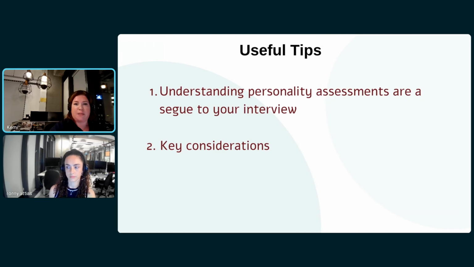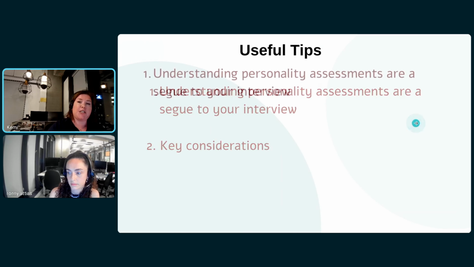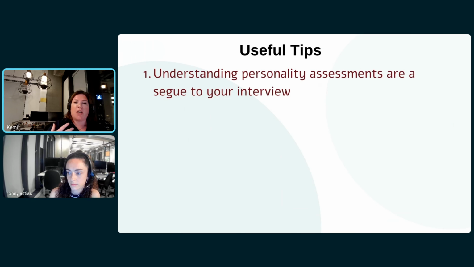Some useful tips. We need to understand that personality assessments are used in the interview. I will expand on that and some key considerations. So the personality assessment, again, is a tool that's not usually used on its own.